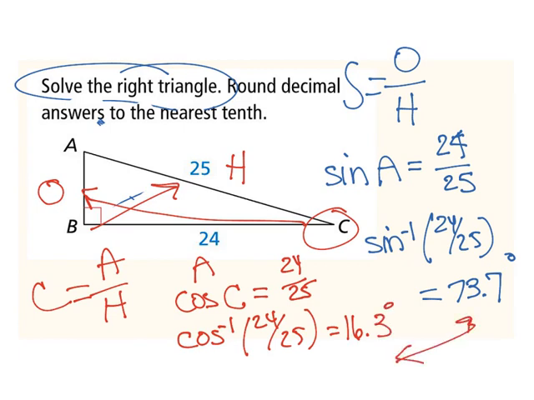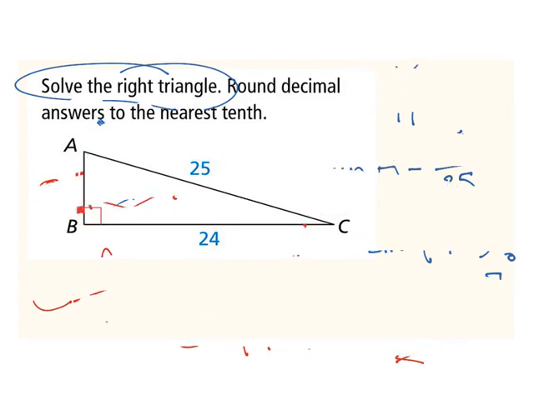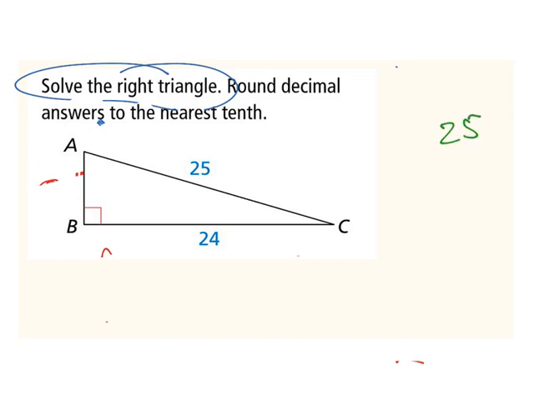Good. And again, to find your third side, you would do Pythagorean theorem. You might want to pause because I'm about to erase this. 25 is our hypotenuse, so that means that's our equals. Okay, it doesn't matter. You could have said 24 squared plus x squared. Doesn't matter.